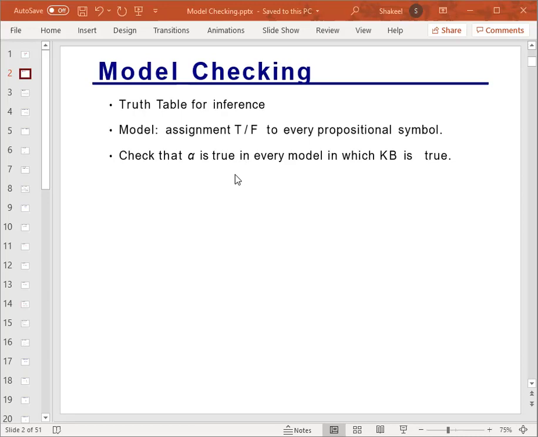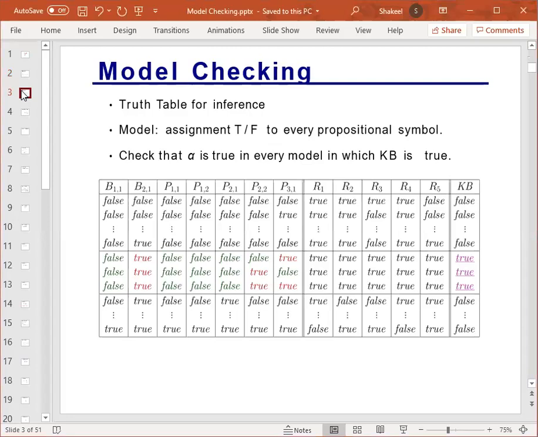What we need to do is check that the sentence alpha is true in every model in which the knowledge base is true. We are going to check by examining this truth table, or that we could find that alpha is actually true whenever KB is true.